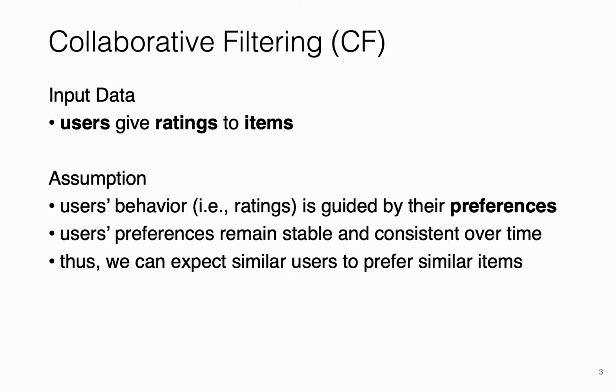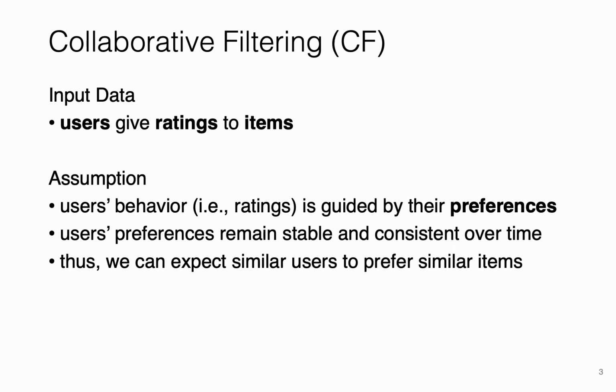For collaborative filtering to be able to extract patterns from these user-to-item interactions, some assumptions must be made. The basic assumption is that the behavior of users, as expressed by their ratings, is completely guided by their preferences. There is a set of preferences that remain relatively stable over time and consistent.